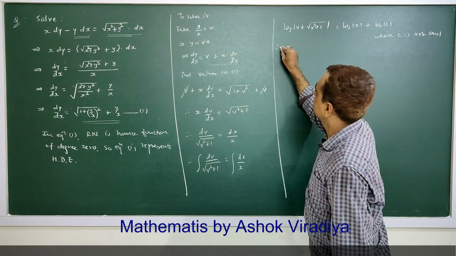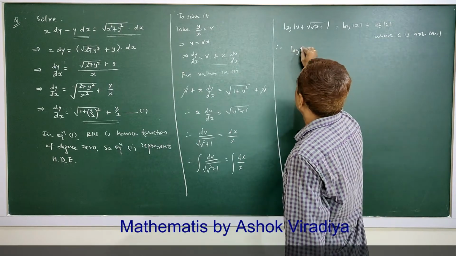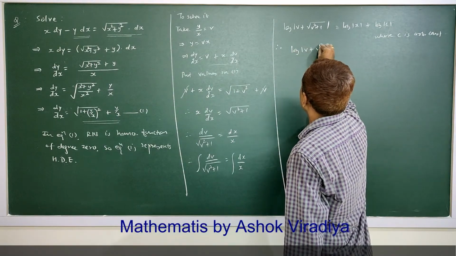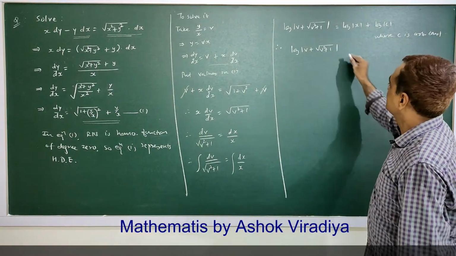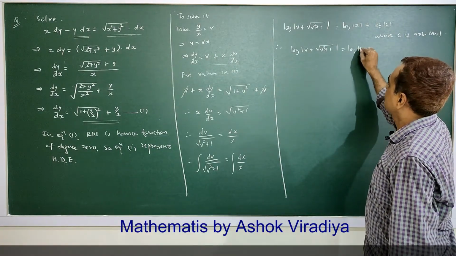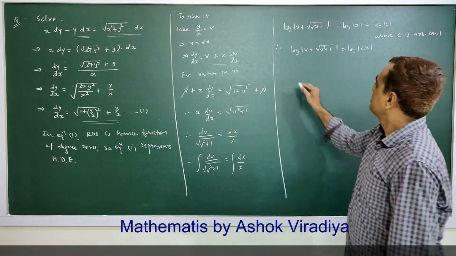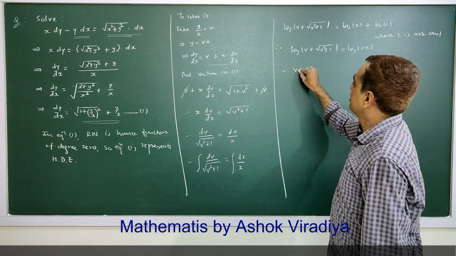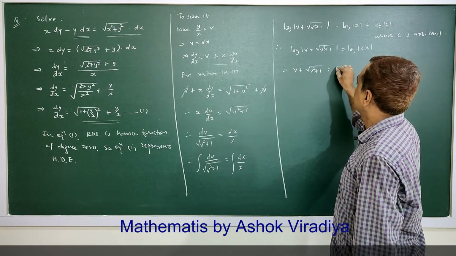Therefore, now joining these terms, log of modulus v plus root v square plus 1 is equal to log modulus c into x. Therefore, v plus root v square plus 1 is cx.